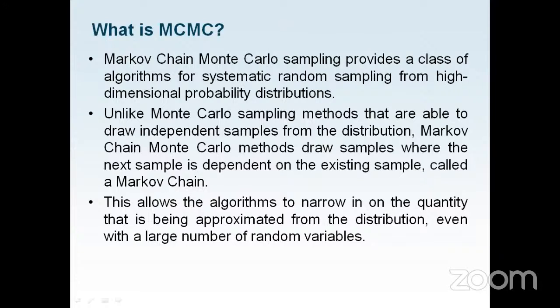So what is this MCMC? Markov chain Monte Carlo sampling provides a class of algorithms for systematic random sampling from high-dimensional probability distributions. Unlike Monte Carlo sampling methods that are able to draw independent samples from the distribution, Markov chain Monte Carlo methods draw samples where the next sample is dependent on the existing sample, called the Markov chain.